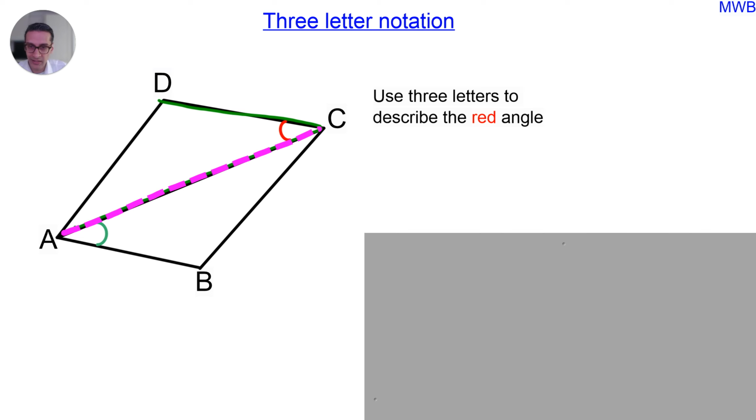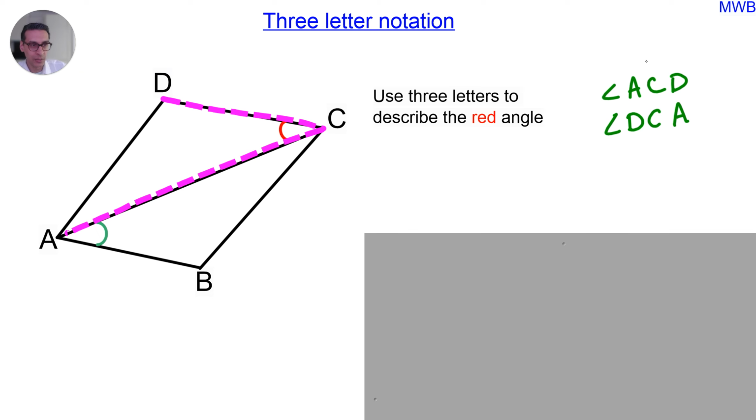You go from A to C and C to D. So A, C, D. That's your first answer. Angle A, C, D. The second route we could have taken is D, C, A. That's your second route, so your second answer is D, C, A.